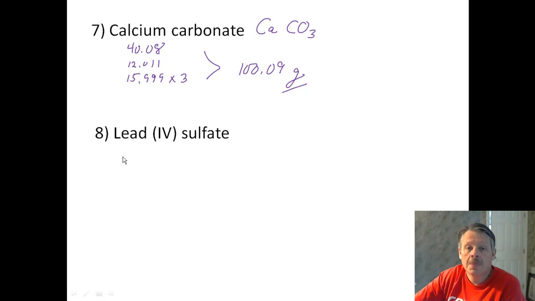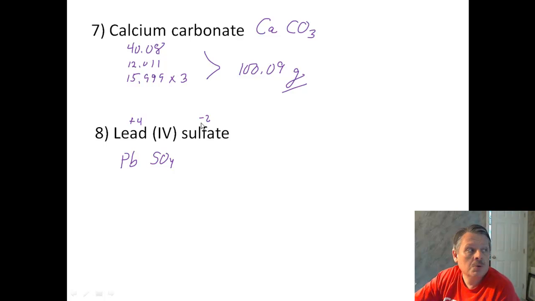Okay, lead sulfate. Lead is Pb. Sulfate is SO4. This has a +4 charge for lead and a -2 charge for sulfate. I go down to my lowest whole number ratio, which is 2 to 1. I cross them, so I need to have lead sulfate with a 2 after it. Alright, so my lead is 207.2.